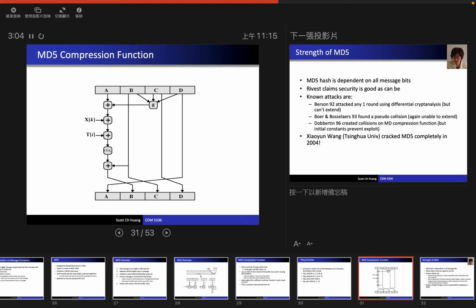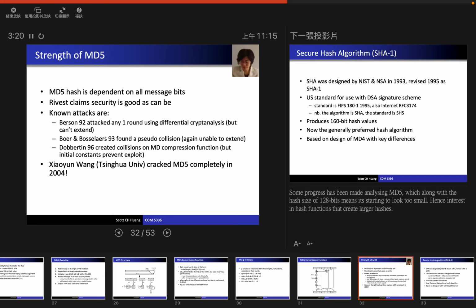Generally speaking, Ron Rivest designed it, and he thought it was okay, and indeed it was really okay until 2004. In 2004, there was a professor at Shandong University, 山东大学叫做王晓云. At that moment, nobody knew who she was. Shandong University wasn't one of the most prestigious universities in China.